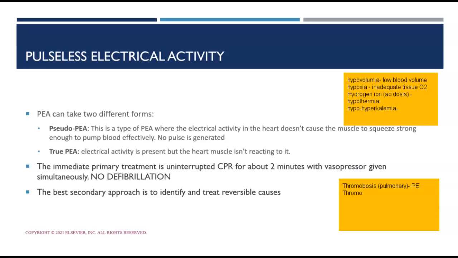You can also have thrombosis that is cardiac, which is a fancy way of saying an MI, a myocardial infarction, or a heart attack. That is when you have a blood clot in the coronary arteries, which is the blood flow to the heart tissue.